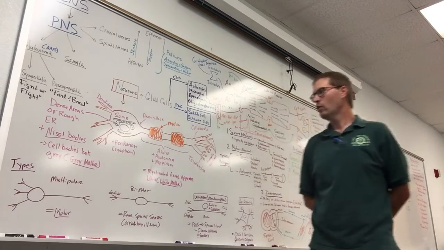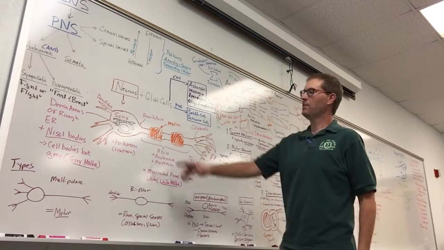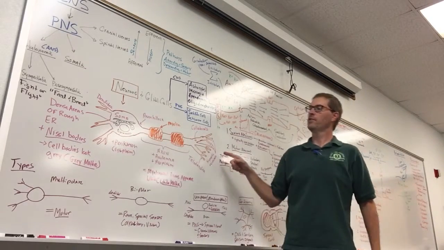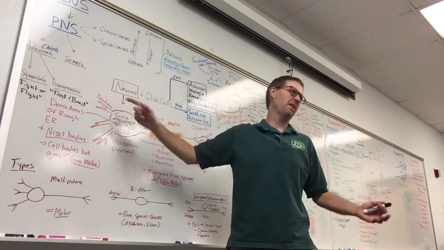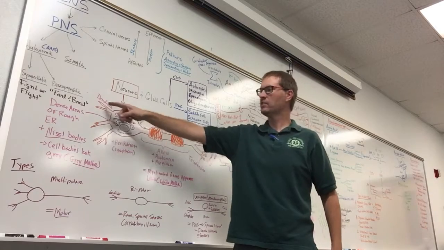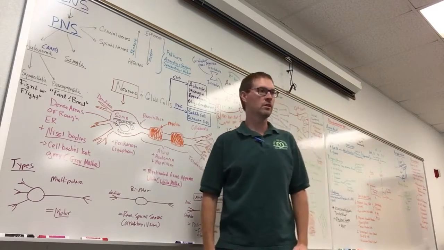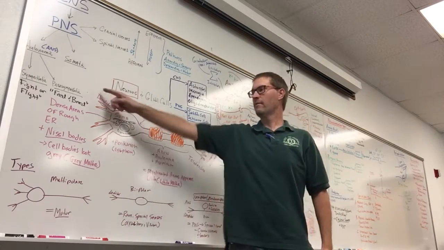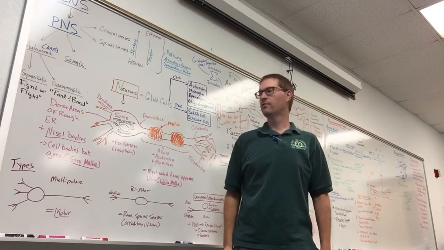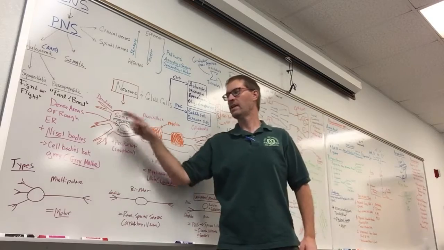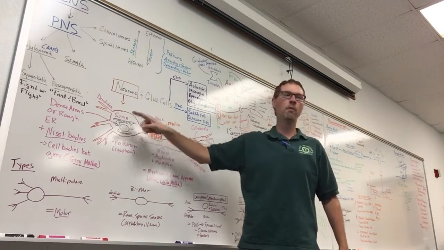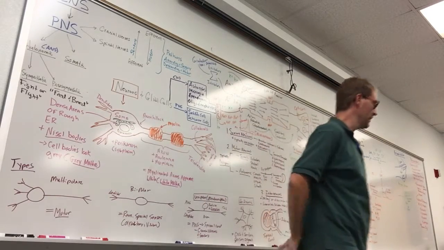If you look at the general anatomical features of the neuron, you have dendrites, and we talked about this in lab, that bring information into the neuron. That information is integrated in what's known as the soma, or the body of the cell.